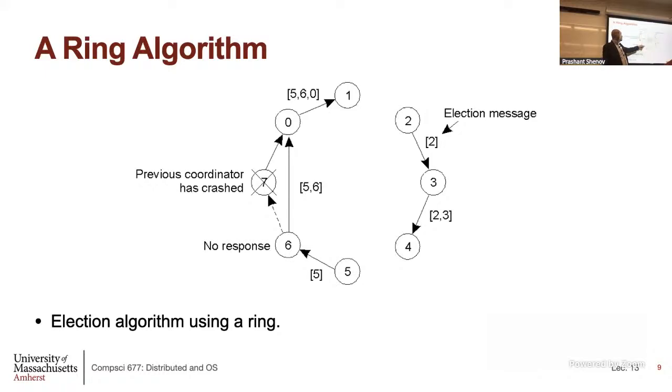Because 6 was communicating with 7, 6 doesn't know who its neighbor is. But if you send a message in the backward direction, you can then figure out that 0 was 7's neighbor and try to connect to it. So there has to be some healing protocol to restore the ring. And once the healing protocol completes, then 6 will know that it has to communicate with 0.